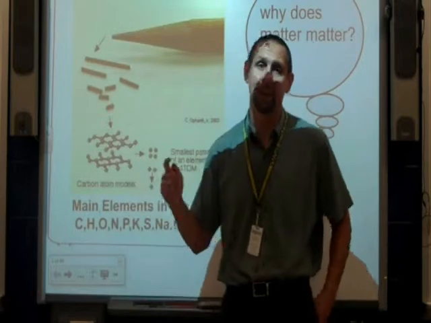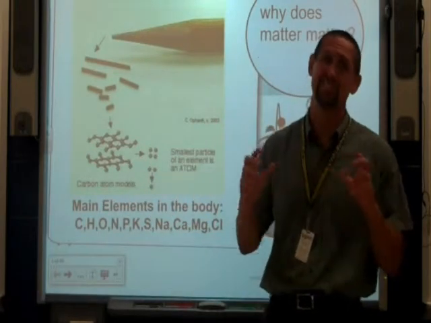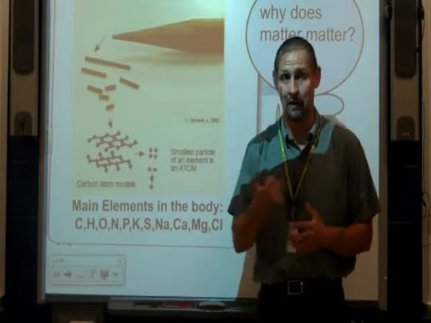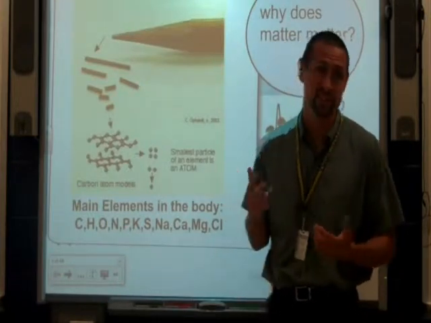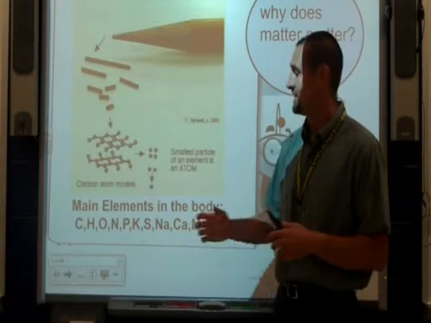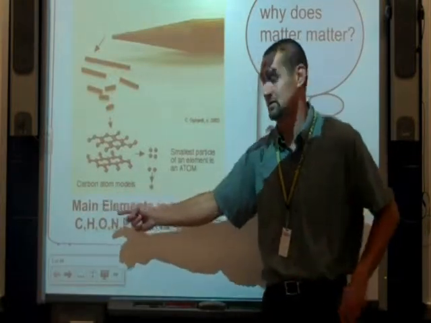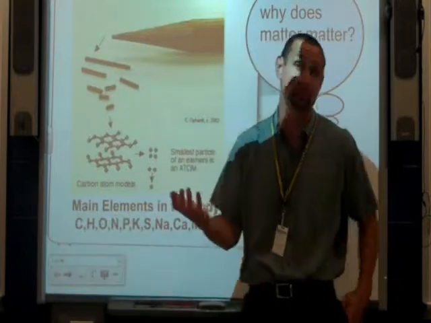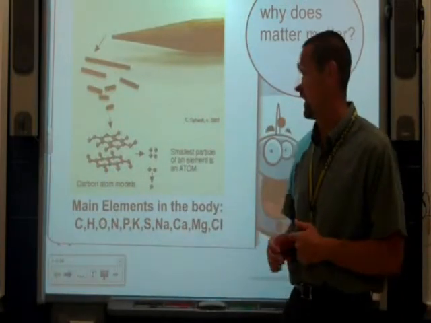But carbon is important because of the way it can bend into rings and chains and make these macromolecules that are essential to your body, like proteins, carbohydrates, lipids, nucleic acids. Those are carbon-based compounds. So carbon is the basis for organic molecules, which is what living things are, organic.